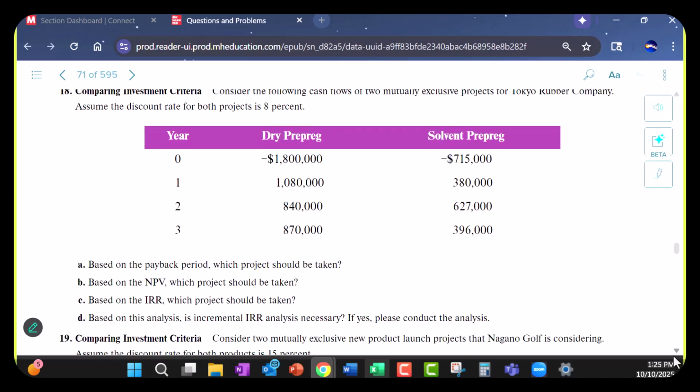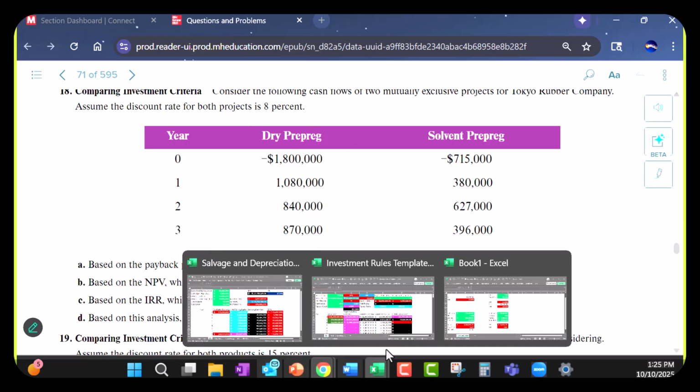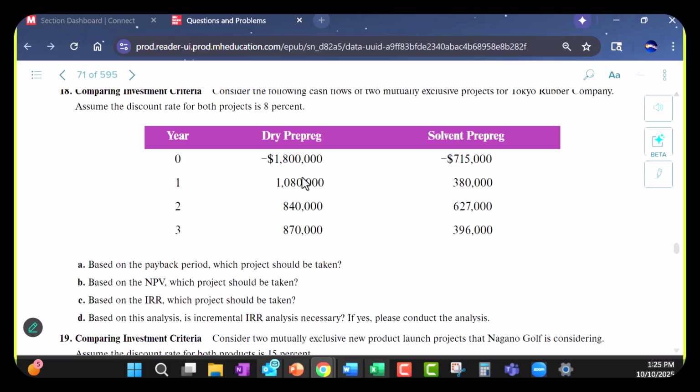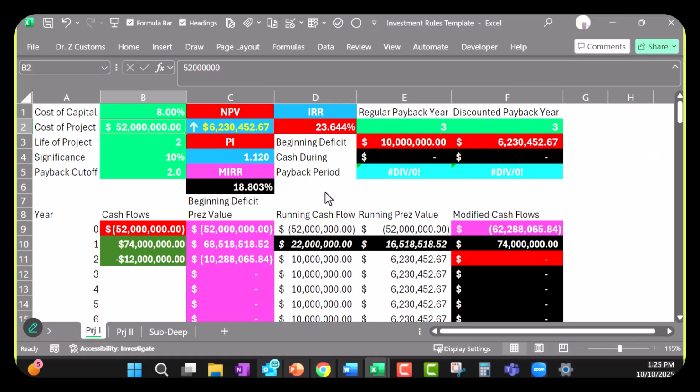Okay, let's do this. We have two projects. I'm going to keep calling them project 1 and 2. Discount rate is 8%. Project 1 cost is 1.8 million.